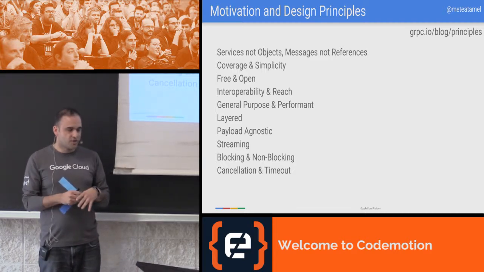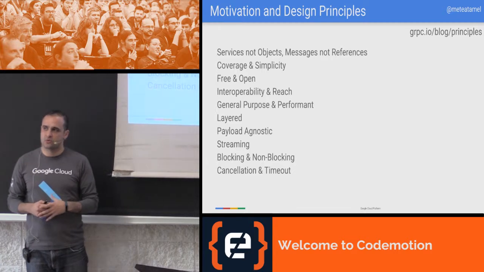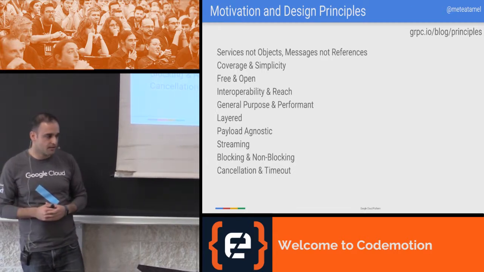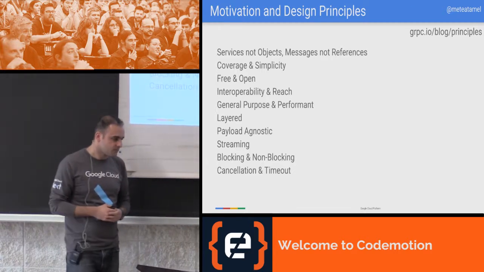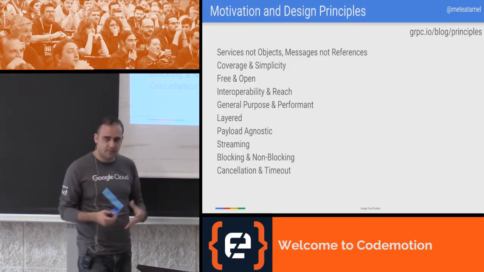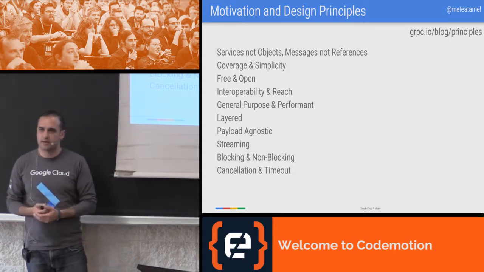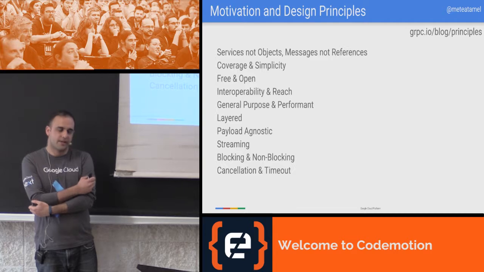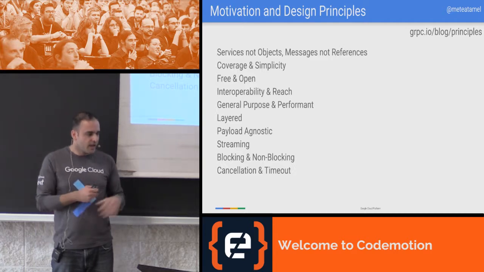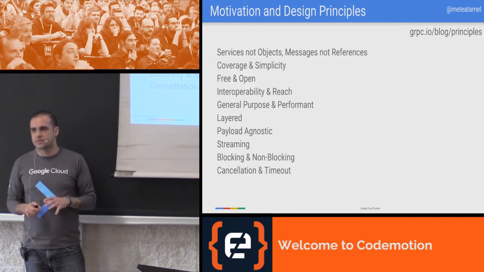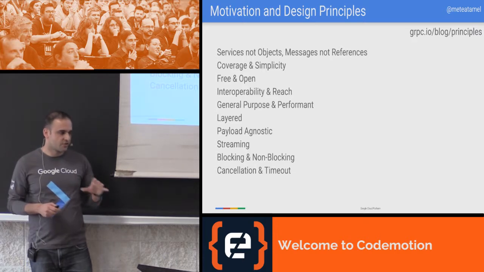It tries to be general purpose, so it appeals to all different kinds of use cases and languages. It supports streaming, blocking, and non-blocking communication. And it relies on the idea of services, not objects, and messages, not references.